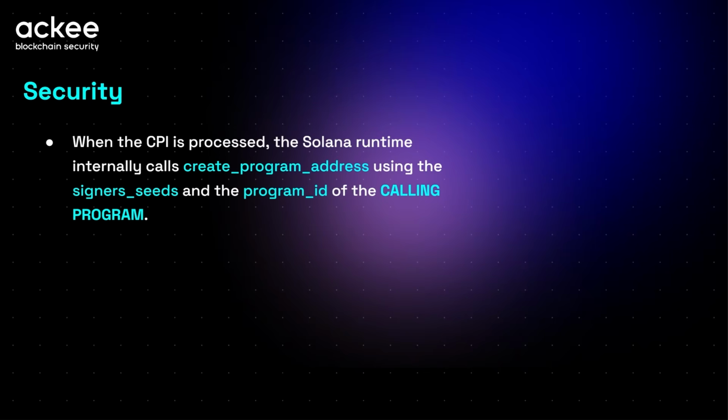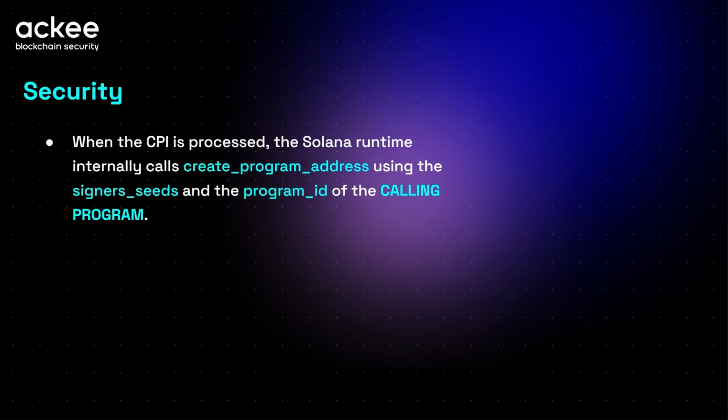This means the security consideration is that this invoke signed with the privileges of this PDA can be called only from your program, because there the program ID is automatically included by the runtime. On the other hand, if everything was the same but from a different program, then the program ID is different.